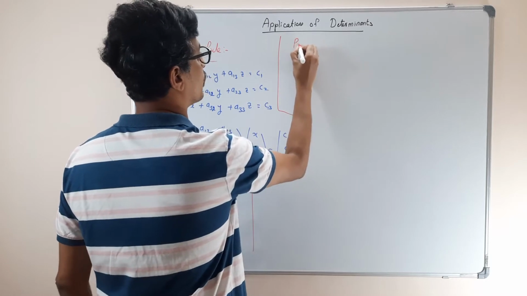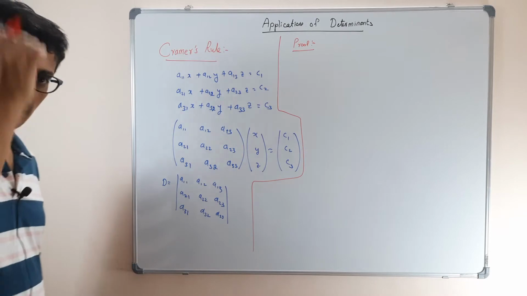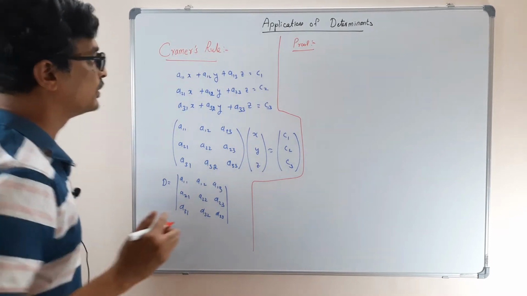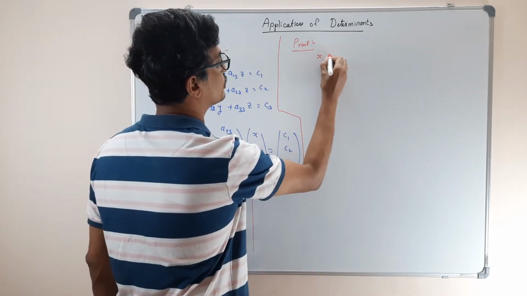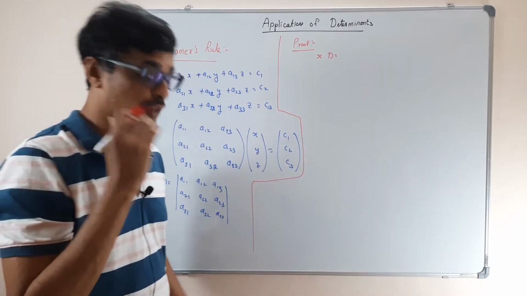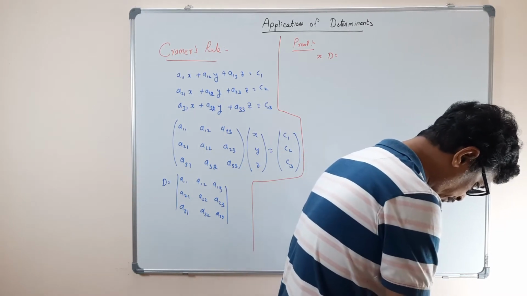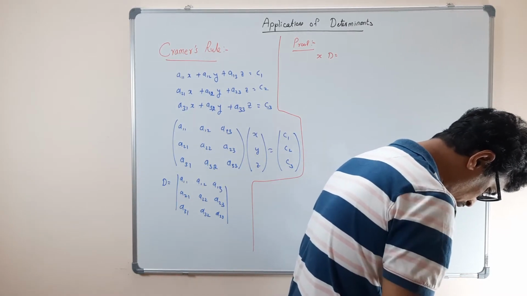Proof. We have D. Let me multiply x with D. If you remember, we had one property of determinants; you should remember all the properties.